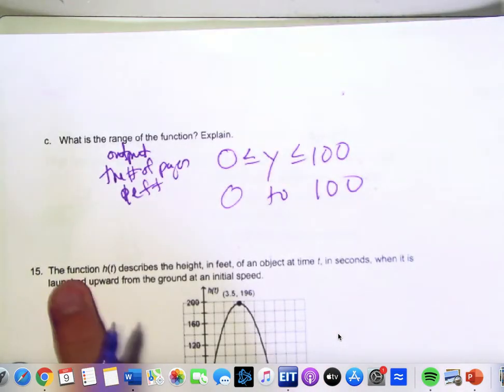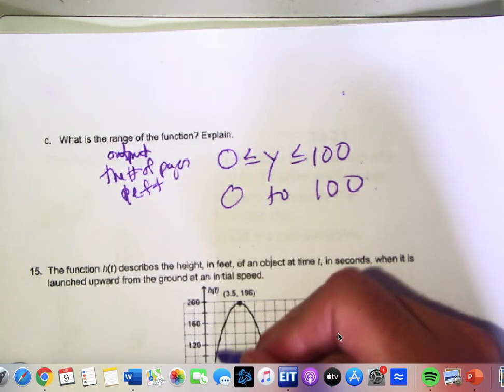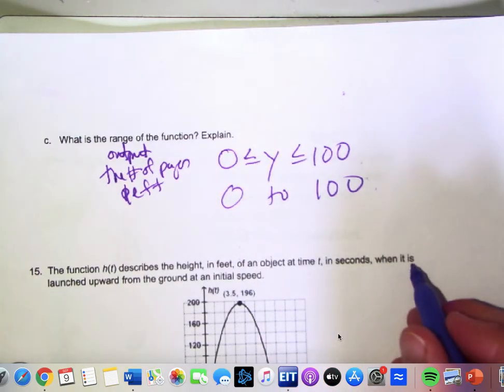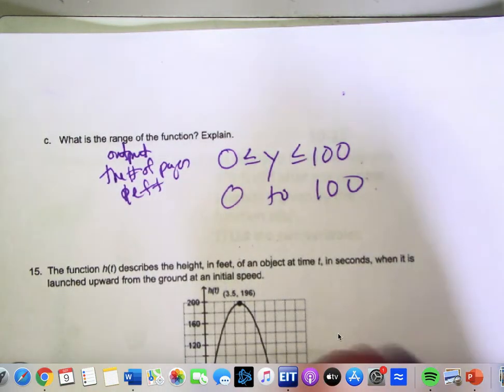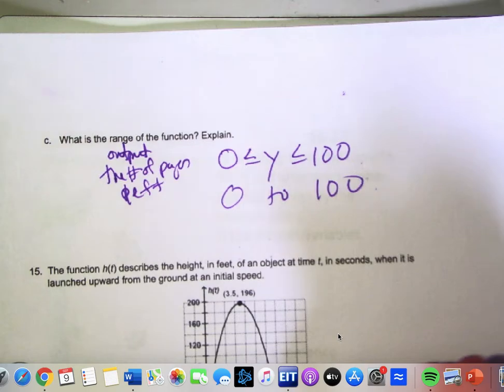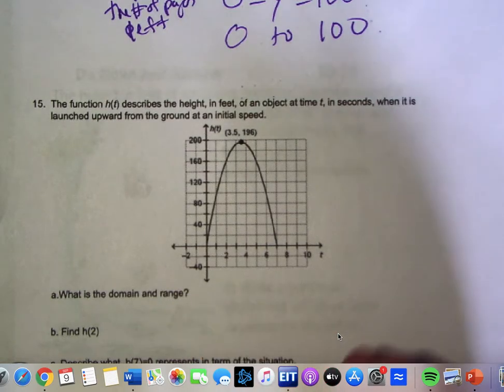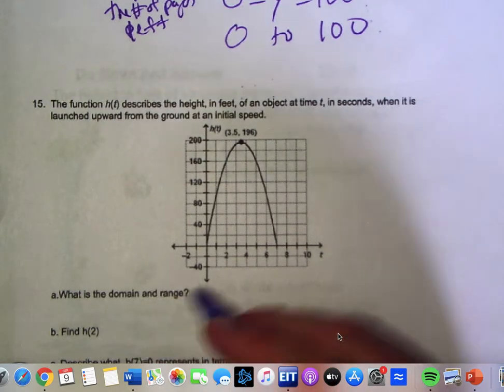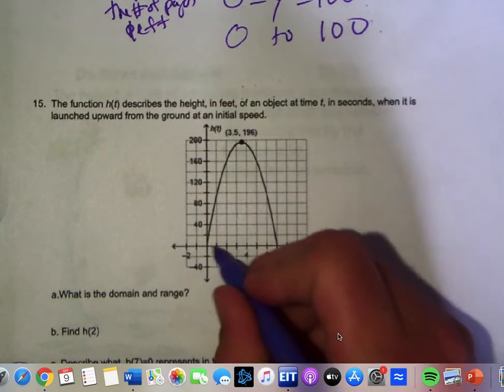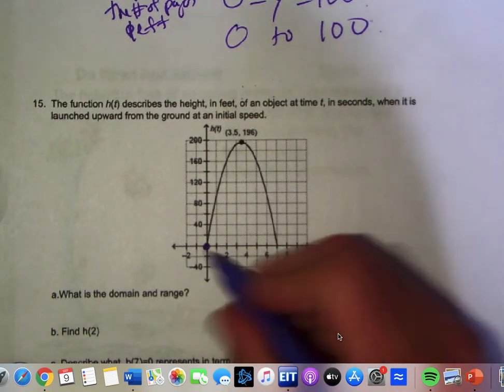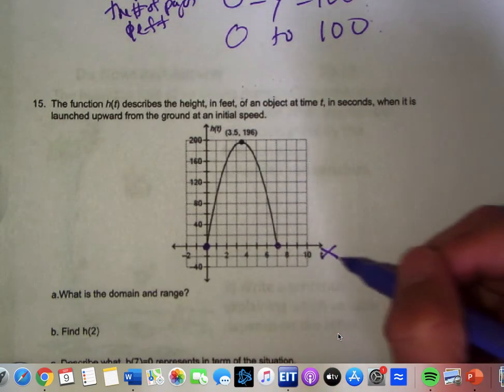Okay. This function h of t describes the height in feet of an object t seconds after it's launched upward from the ground at an initial speed. What's the domain of this function? What's the range? Well, the domain is x, so the lowest number is 0 and the highest number is 7.